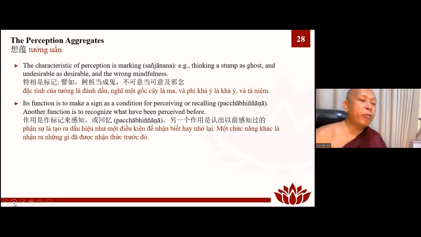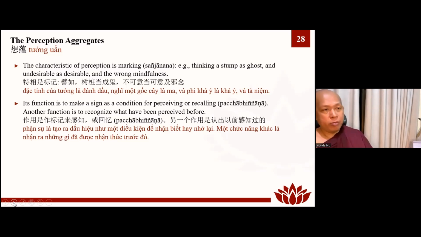Like thinking, stamping as good, a desirable as undesirable, or undesirable as desirable. It is like wrong mindfulness. So when our perception is wrong, it can mislead people. It also misleads ourselves.